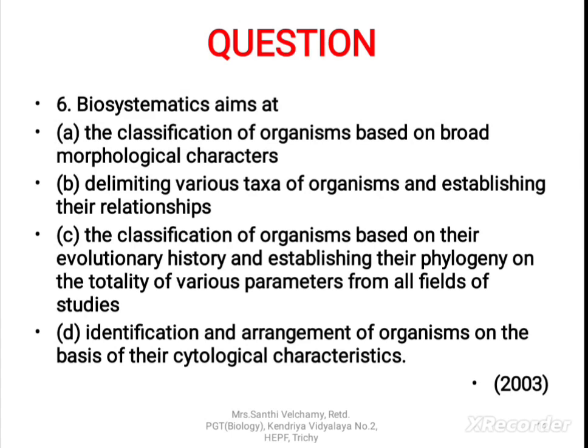C. The classification of organisms based on their evolutionary history and establishing their phylogeny on the totality of various parameters from all fields of studies. D. Identification and arrangement of organisms on the basis of their cytological characteristics. The correct answer is C. C is the correct answer.